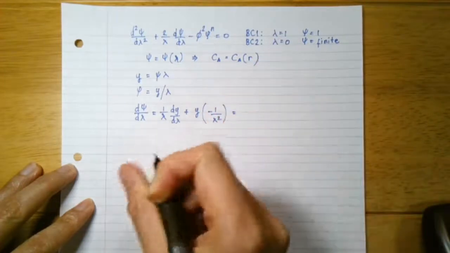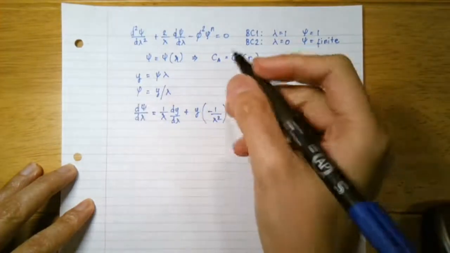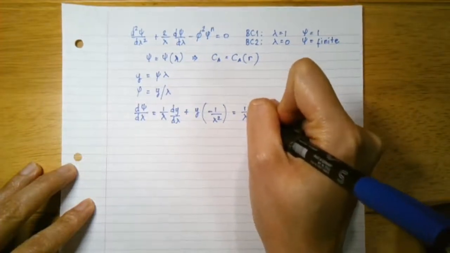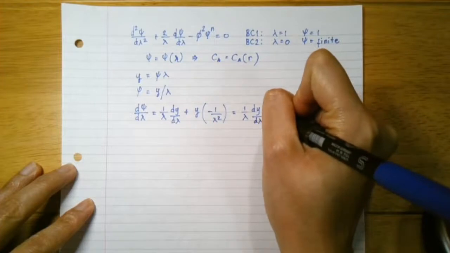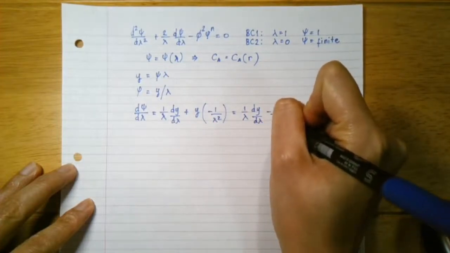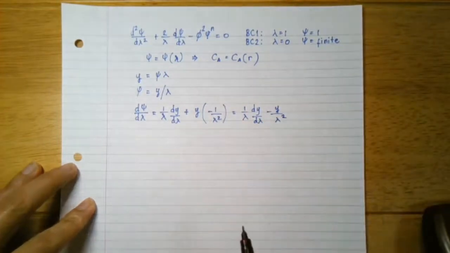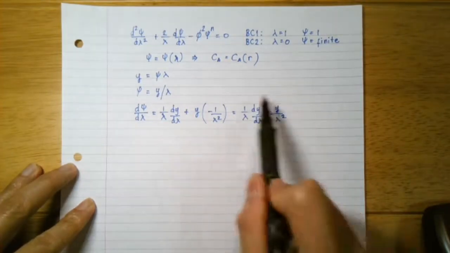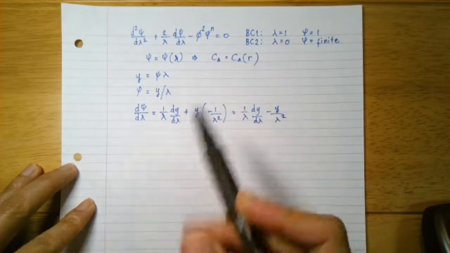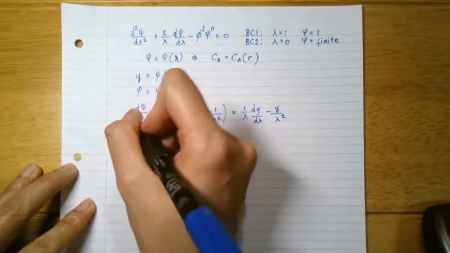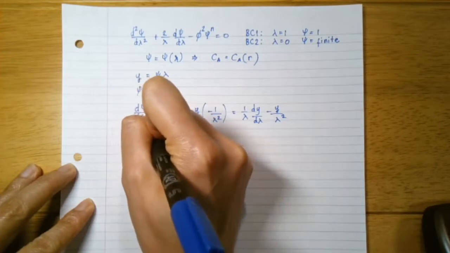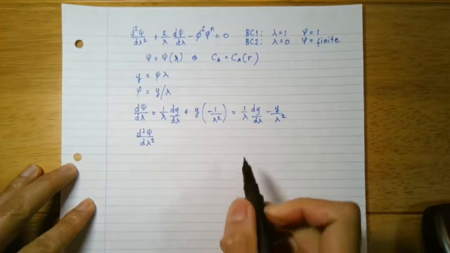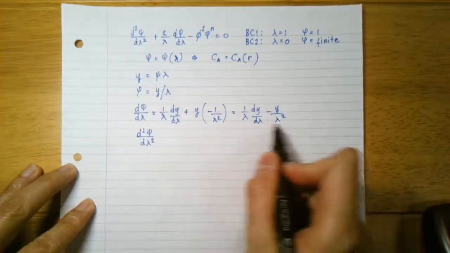So the first derivative of psi with respect to lambda is 1 over lambda dy d lambda minus y all over lambda squared. If we differentiate this with respect to lambda, then we will get the second derivative of psi with respect to lambda. So we need to differentiate this expression.